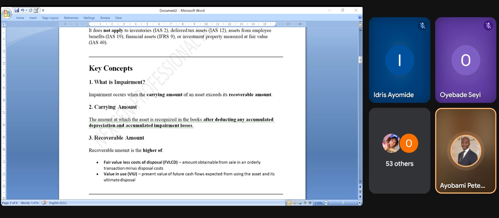But we are currently dwelling on the tangible asset, the asset that we can see and touch. That's what we are dealing with now. We have looked at IAS 16. We are looking at IAS 36. Then we'll look at IFRS 13, and then we proceed from there. So that is that for that.